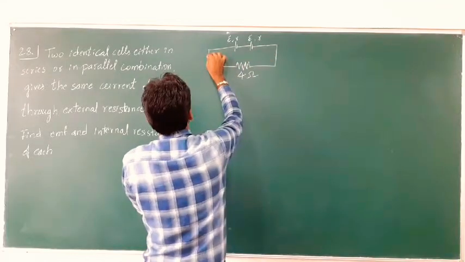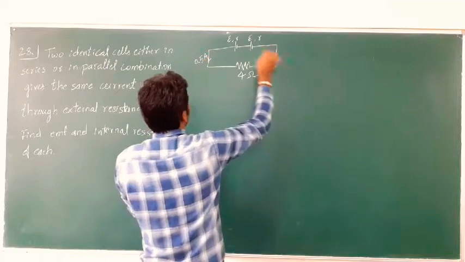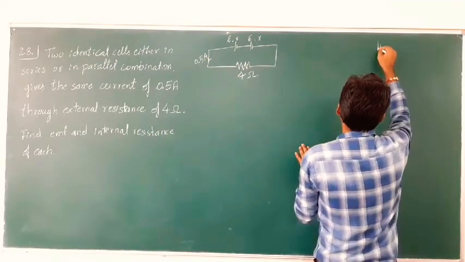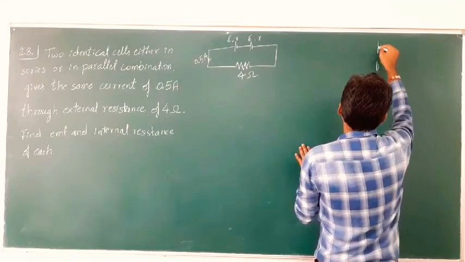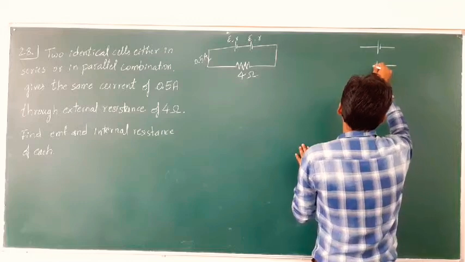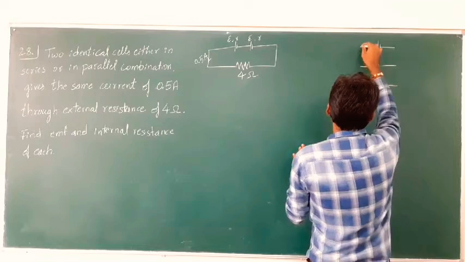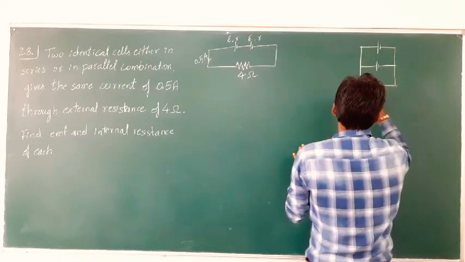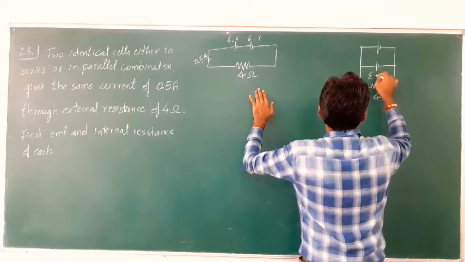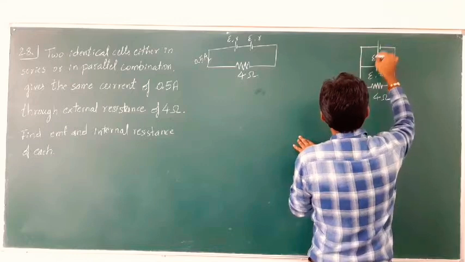And in this situation, current is 0.5 ampere. Coming to the second situation, we have the same two cells connected in parallel across the same external resistor of 4 ohm. So even now it is EMF E, internal resistance small r, same.